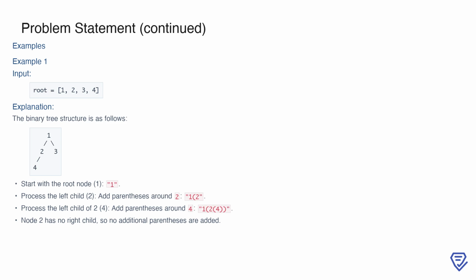Then, we process the left child of 1, which is node 2. Since node 2 exists, we enclose it in parentheses, giving us 1(2). Next, we move to the left child of 2, which is node 4. Again, since node 4 exists, we add it with parentheses, resulting in 1(2(4)). Finally, since node 2 has no right child, we don't add anything further for the left subtree of the root.